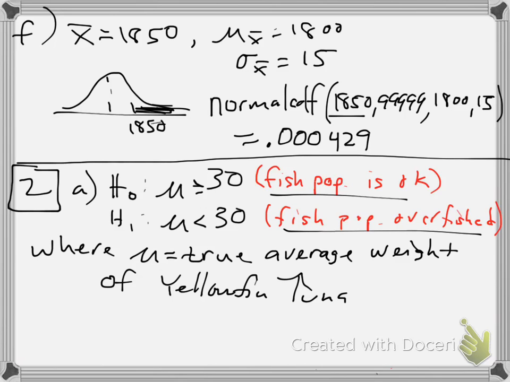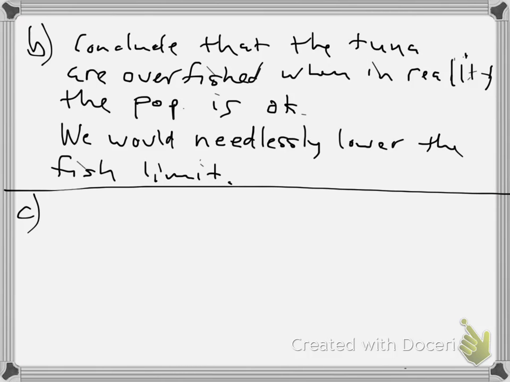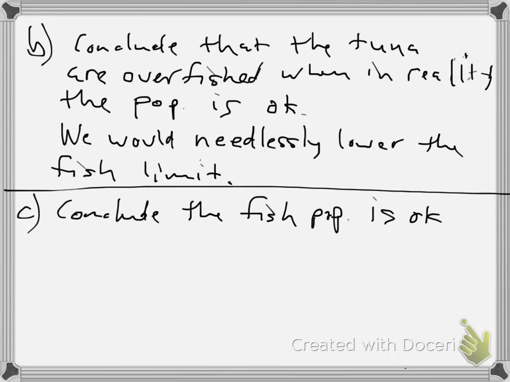So we would conclude the fish population, or the tuna population, is okay, when in reality they're overfished.